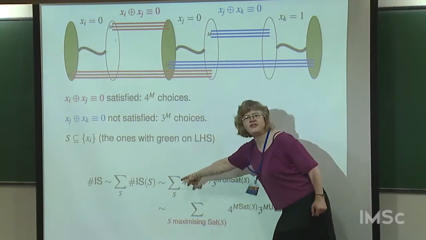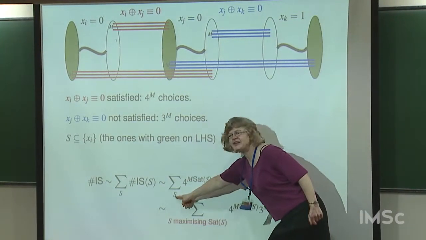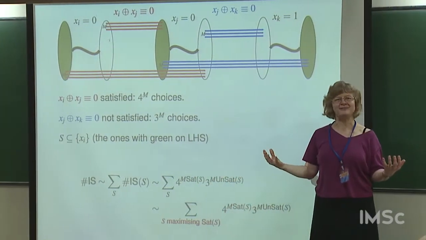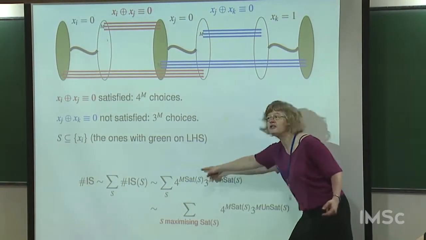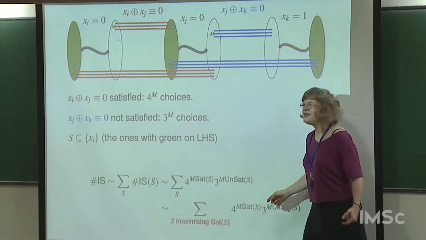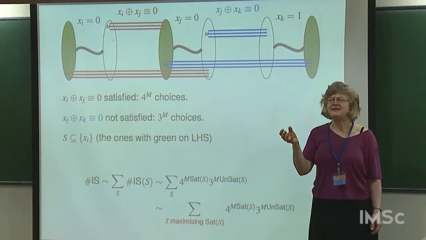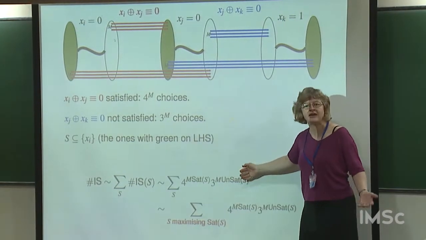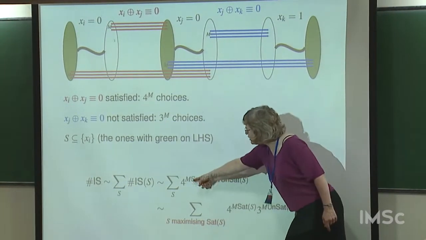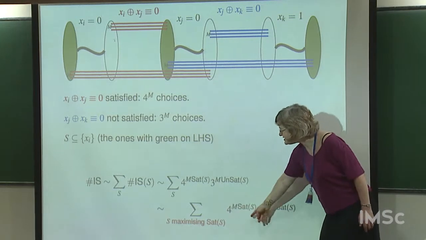So if you looked at an S that wasn't satisfying as many as possible, it's negligible. It's doing nothing, right? It loses because of this big M. And there's only a few of these S's, 2 to the E, like before, nothing, because M is so big compared to E.